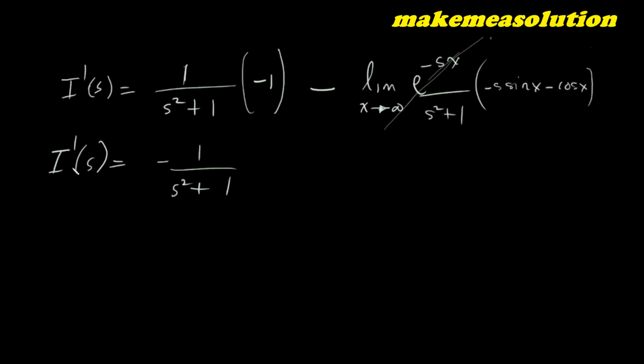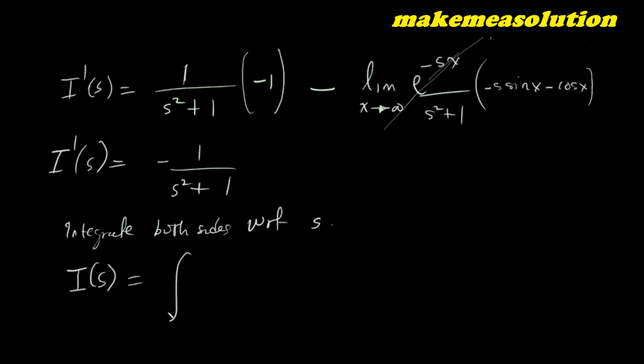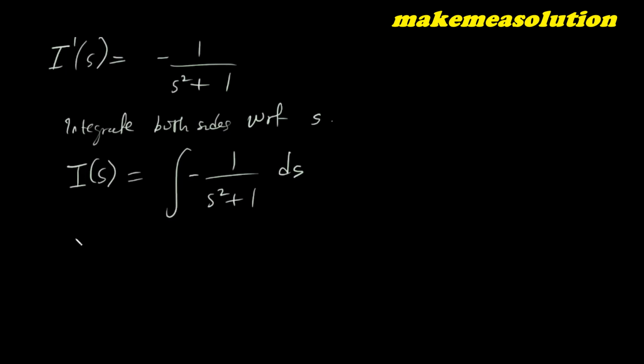And now we have I prime of s in terms of s, so we can actually integrate both sides with respect to s. When we integrate, I of s is going to be the integral of minus 1 over s squared plus 1 ds. This is a familiar integral.